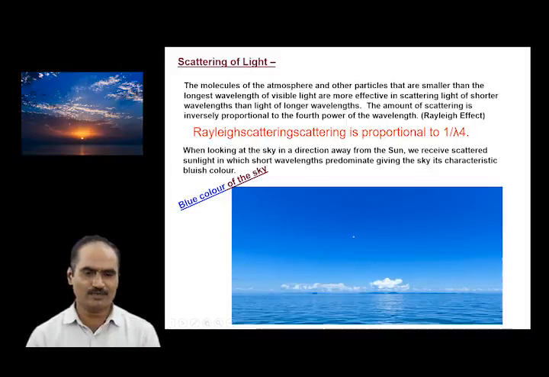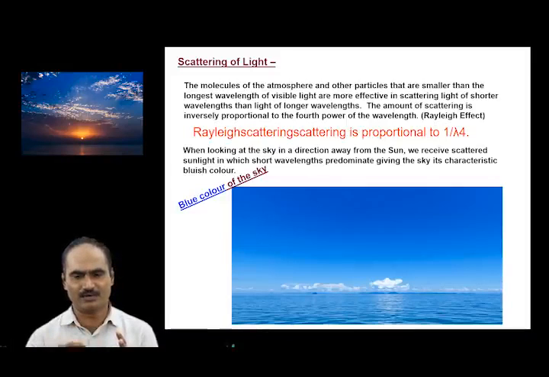Then the next question comes: why is the color of the sky blue, right? As per this statement, we know that white light from the sun falls on the molecules of the air, and the air molecules scatter all these colors, but the maximum is scattered for violet, indigo and blue, and the least scattering is for red color, right?